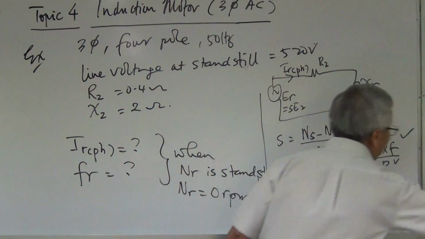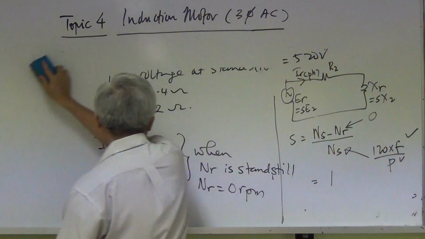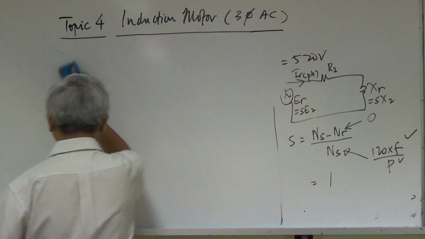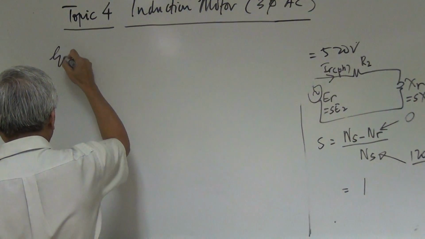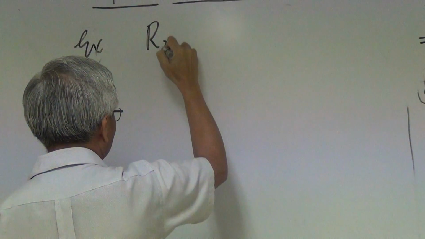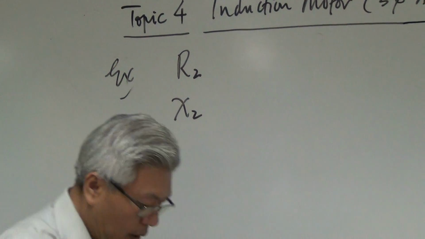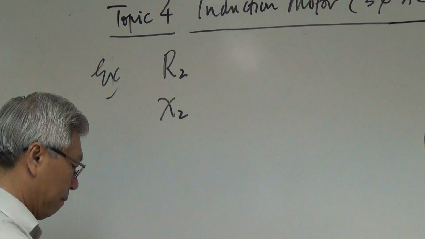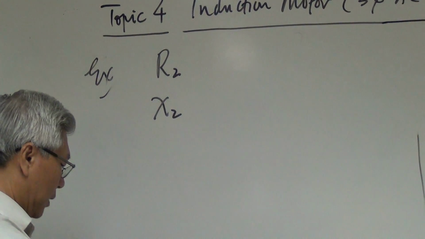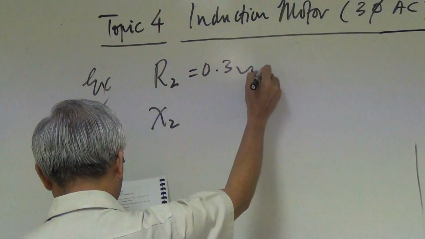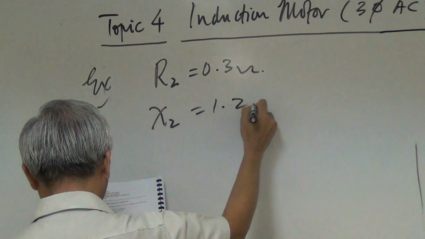Let us now go through an example to find a torque condition. If I give you the R2 and X2 values: R2 is equal to 0.3 ohms and X2 is equal to 1.2 ohms.